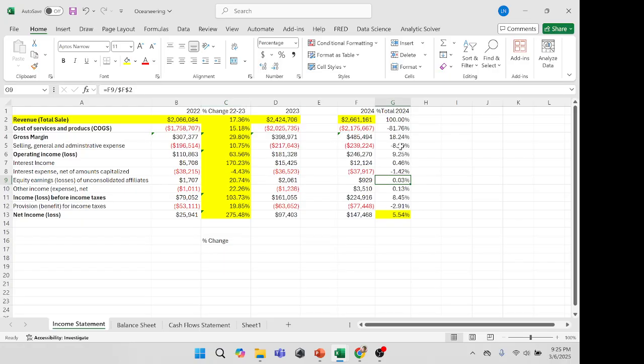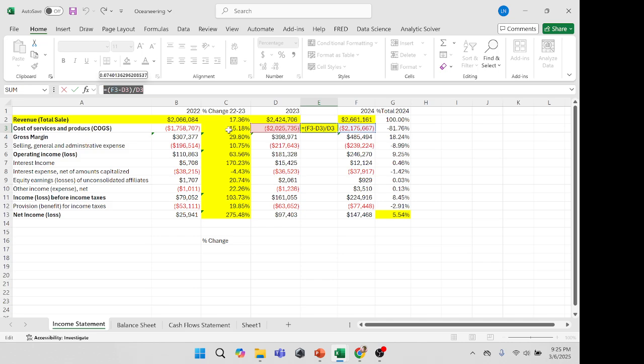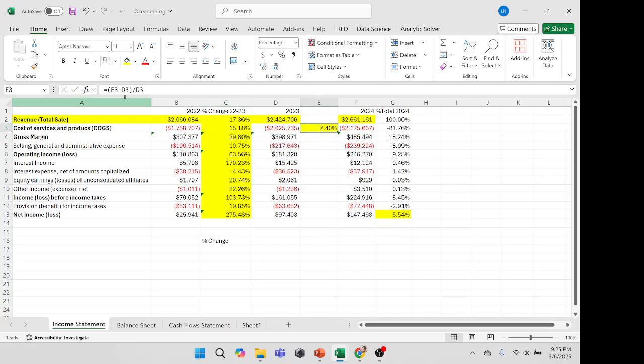But let's say over here, this is 81%. This is 80. Let me just copy this over here. So you see, this is the unique part about Excel: you can copy this cell and paste it here, and because the position of things is set up the same way as it is here, the function is brought over.